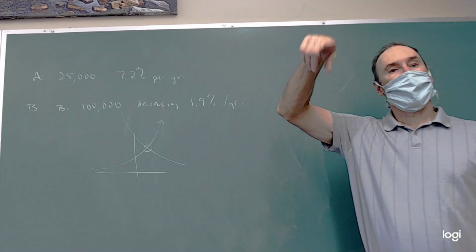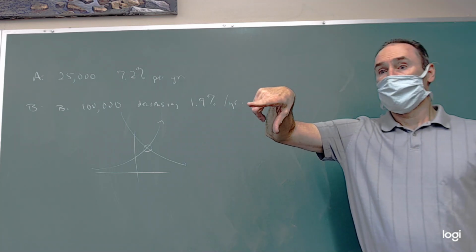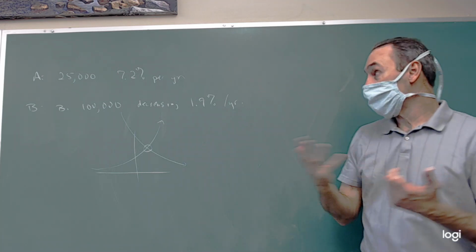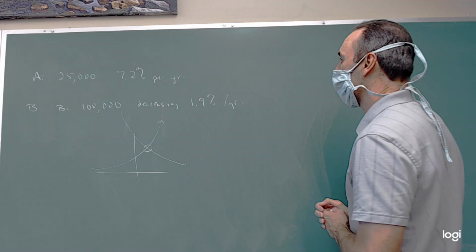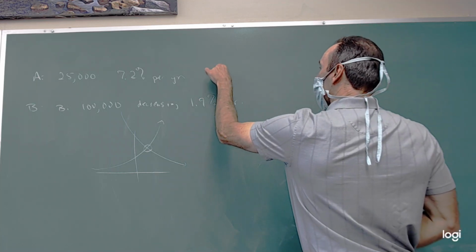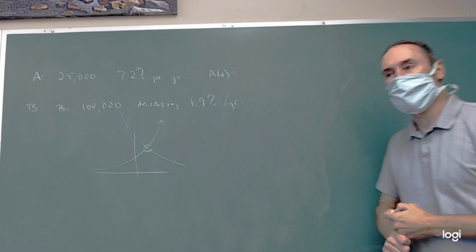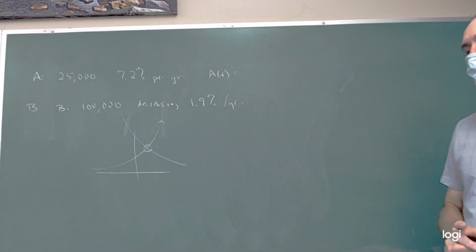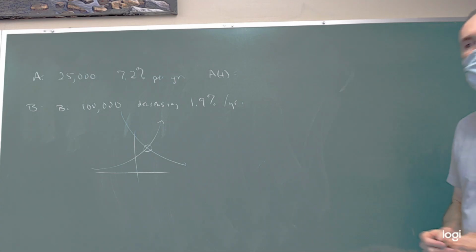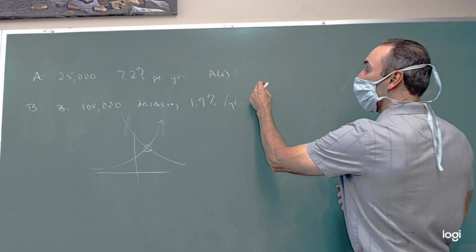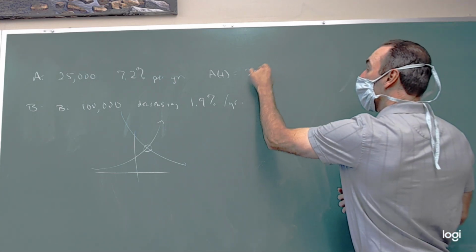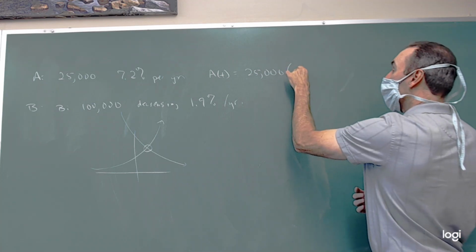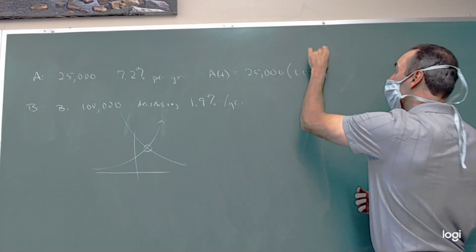And you know how to do that? So you're going to set them equal to each other. Oh, let's get the equations, I guess we should say. That's kind of the more interesting of the questions. So A of t, the population of city A at time t, is going to be what? 25,000 times 1.072 to the t.